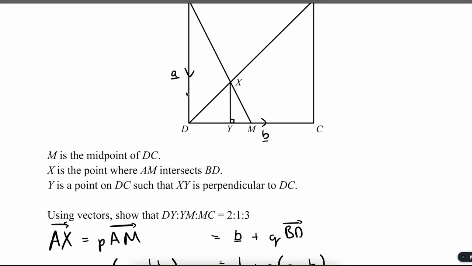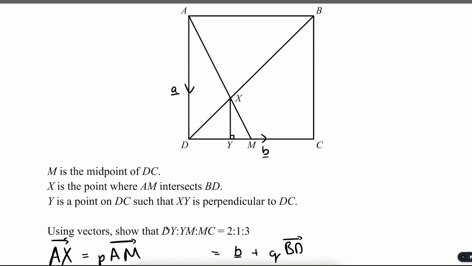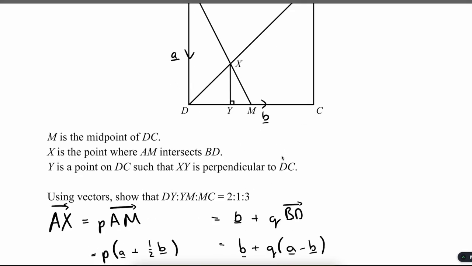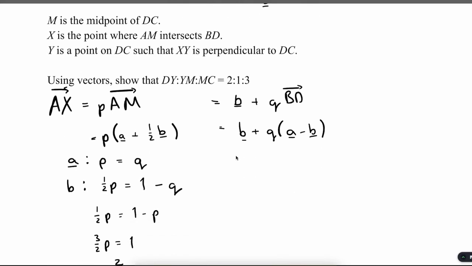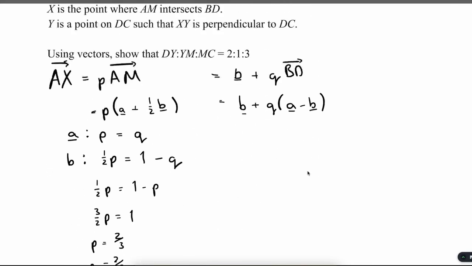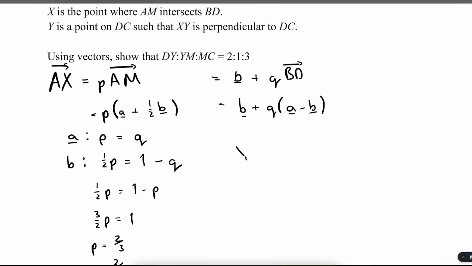That'll be useful because we can work out XY, which will help us get DY and YM. And then MC is half b, we already know MC. So let's work out XY. XY, let's see where we're going to go. I'm going to try and use as much space as possible here.